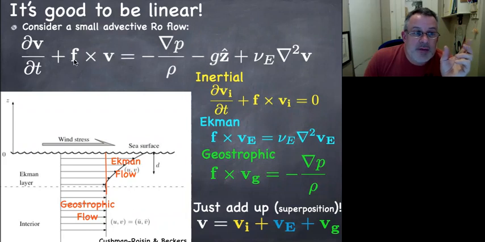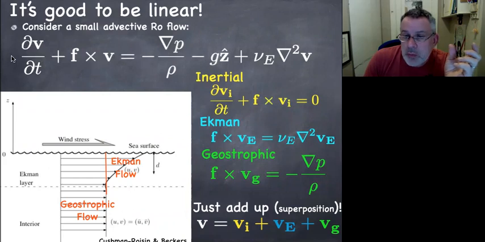And now I know that f cross V_I balances with d/dt of V_I. So the time-dependent term is going to be balanced against the Coriolis force on the inertial oscillation. Now what about the time dependence of the Ekman component? Well, we've by assumption assumed that the temporal Rossby number of the Ekman flow is small, which means that the Ekman flow changes slowly in time, which means that there is no d/dt of V_Ekman to worry about balancing.